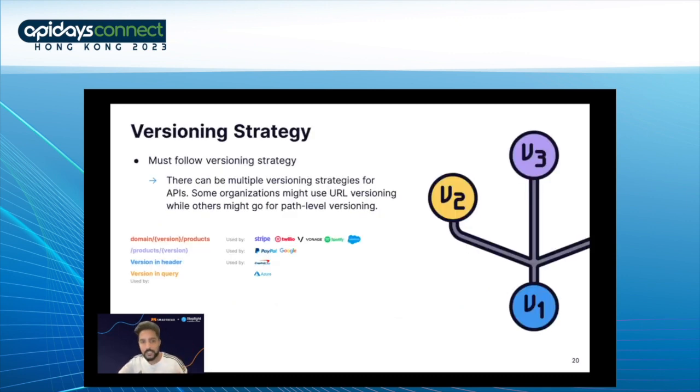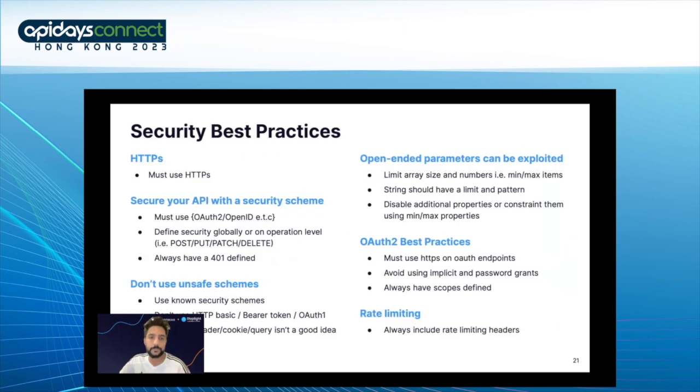Have a versioning strategy, be it within the path, be it within the header, or on your server, whatever it is, make sure you decide on one versioning strategy and apply it across your APIs, especially for the ones being built new, and potentially new versions that are being built for the old APIs themselves.